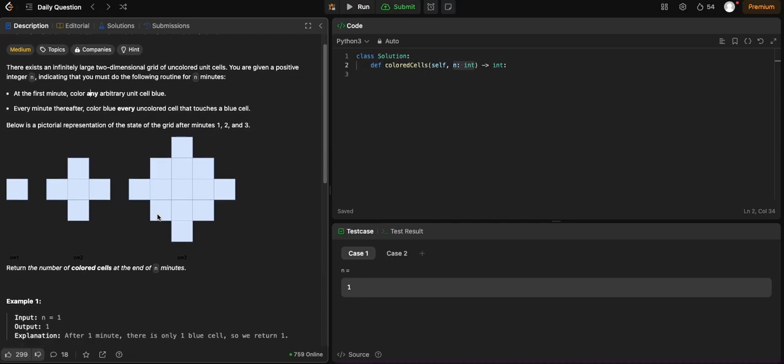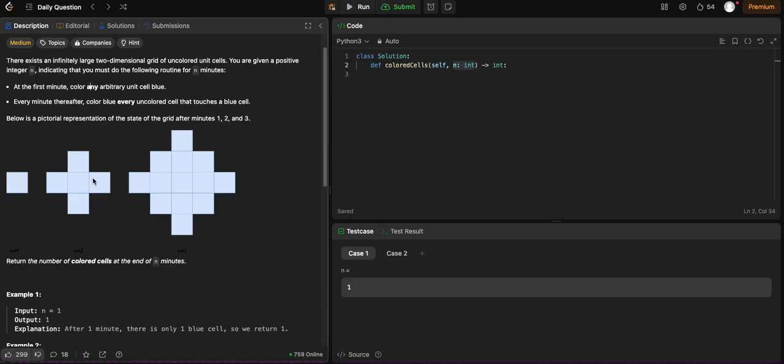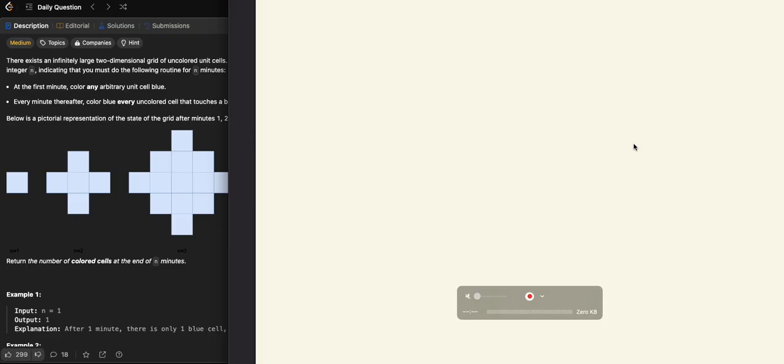So let's just look at some pattern. It is going to grow out like this, right? So let's get to the drawing board. We will have one at the beginning, and then we should have a shape like this.